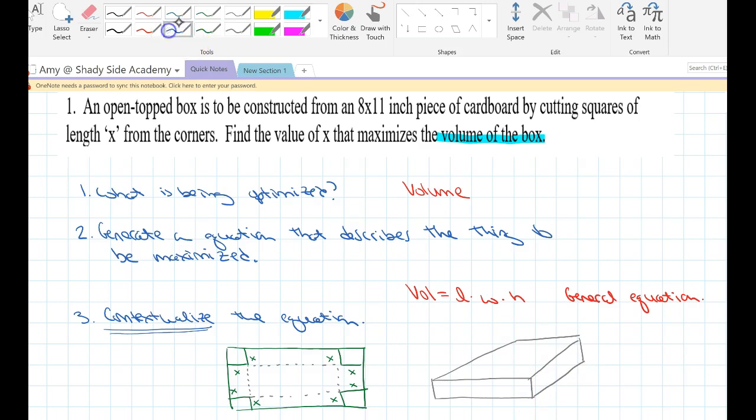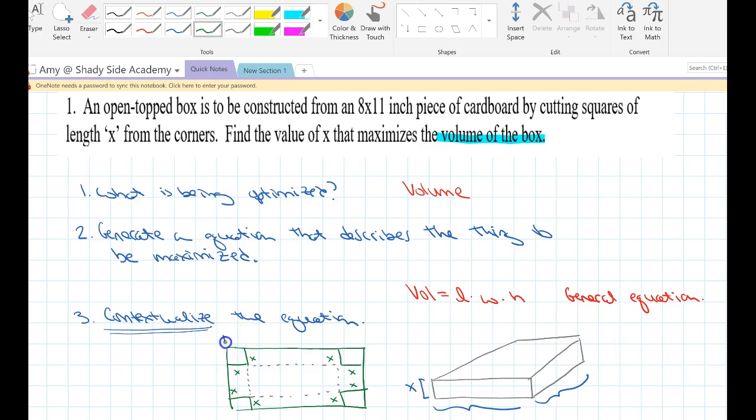And maybe I'll ask you, we're folding, right? We fold up this little flap, fold up this flap, fold up this flap, fold up the flap, tape the corners maybe. And you'll see that the height of the box is x. What's this length of the box and what's this length of the box, or the length and width, if you will?